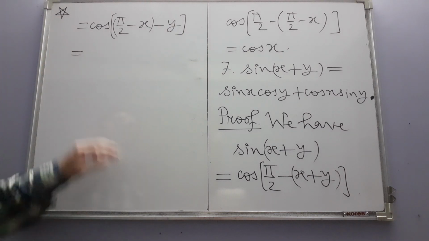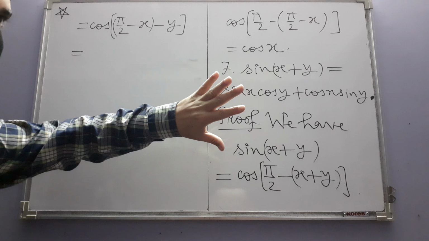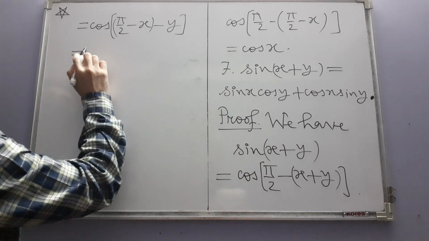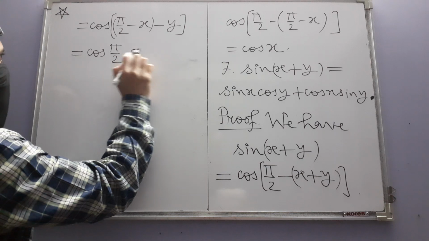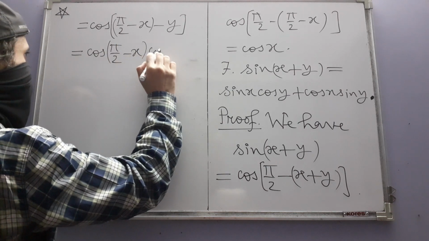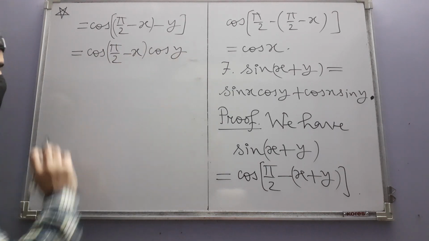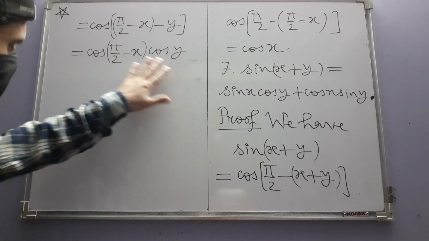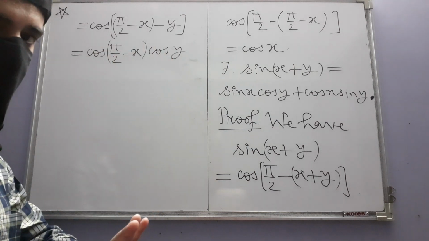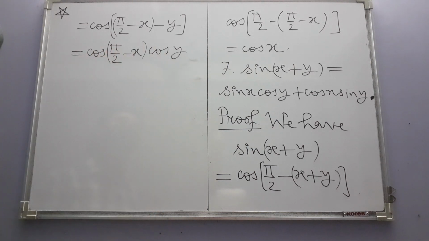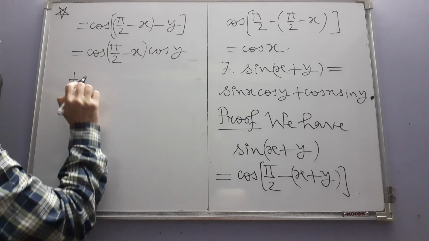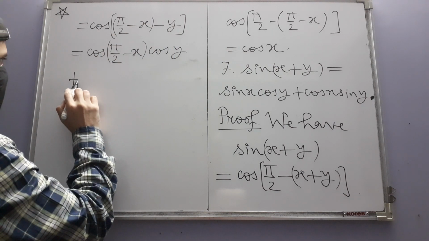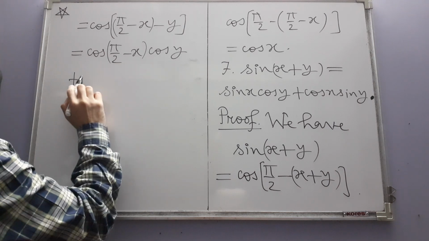So now you use your cos(x minus y) formula, which is cos of this times cos of y. With cos, we have both the factors cosine in one term. And whenever you have minus, you have plus here. The signs alternate. And then in the other term, both are sine.